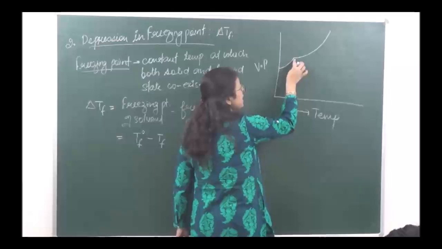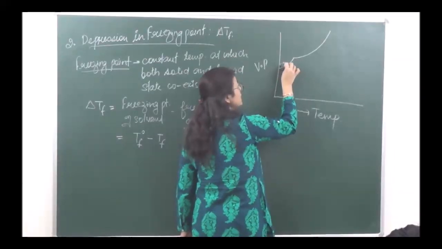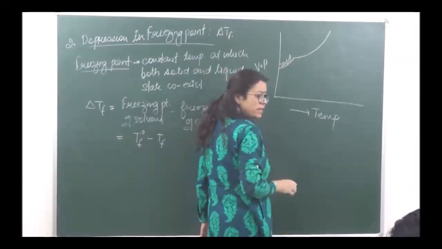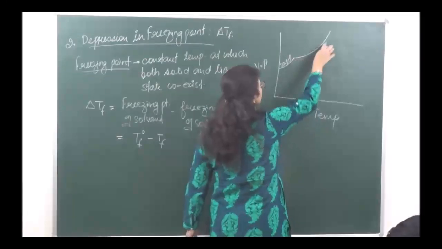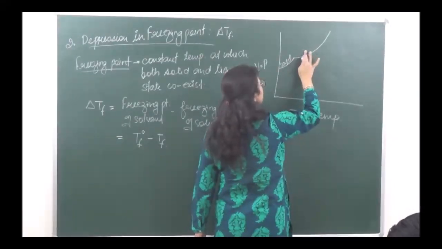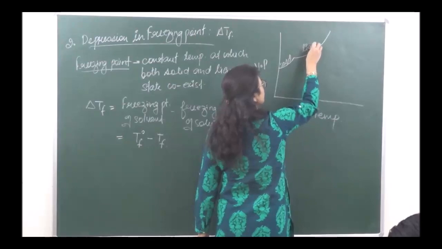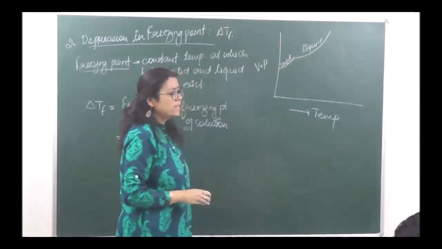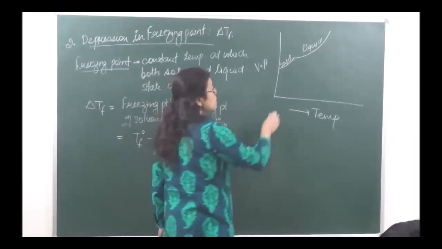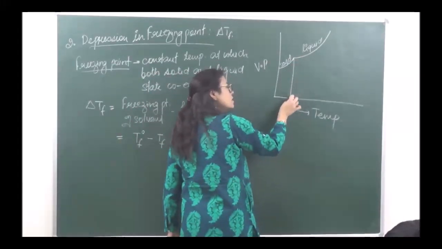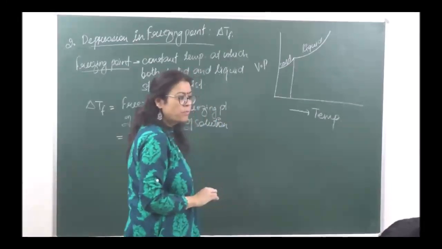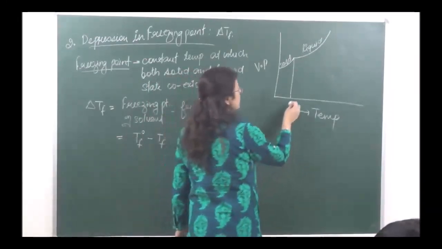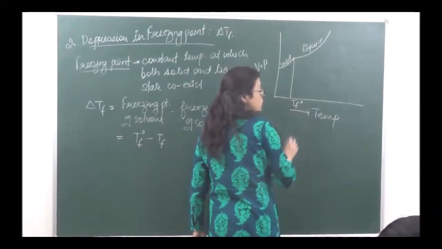The area below this point is the solid, right? And the area over here is going to be liquid. At this particular point, both solid and liquid are coexisting. So this is going to be the freezing point of the pure solvent, right? So this is Tf naught.